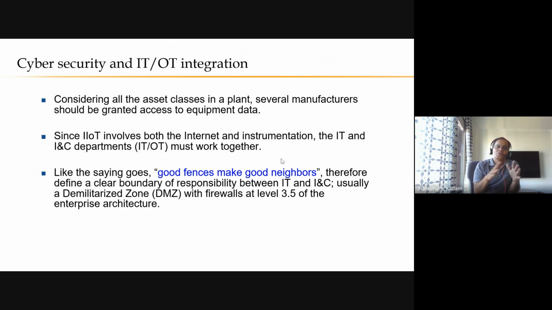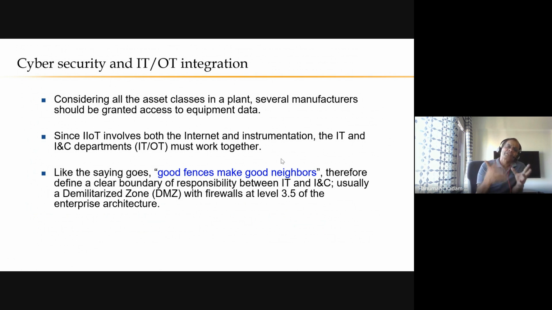This is a good opportunity for instrumentation people to learn and enter the IT environment. Earlier, IT people were not allowing them access.